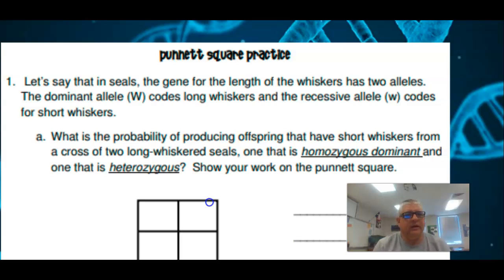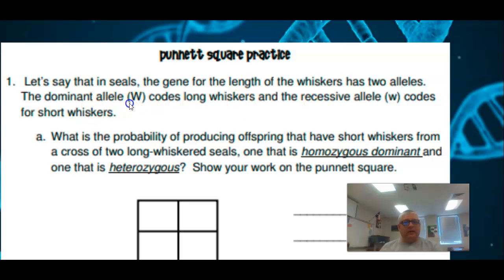So let's say that this is talking about seals, seals that have whiskers. What you need to know is that this kind of sets it up for this word problem. It says, let's say that in seals, the gene for the length of whiskers has just two alleles.